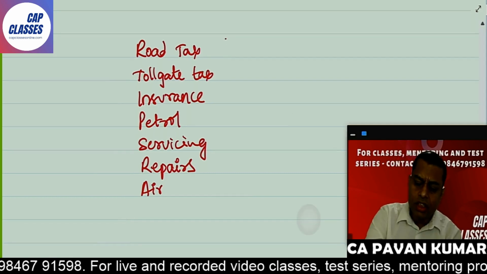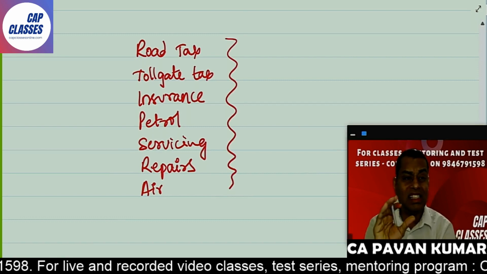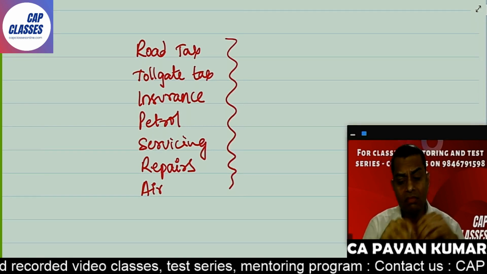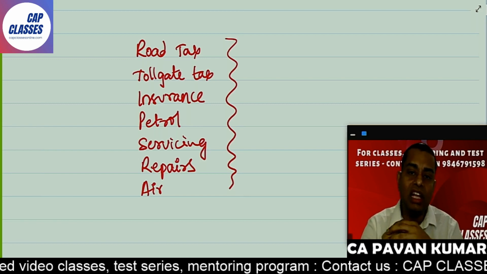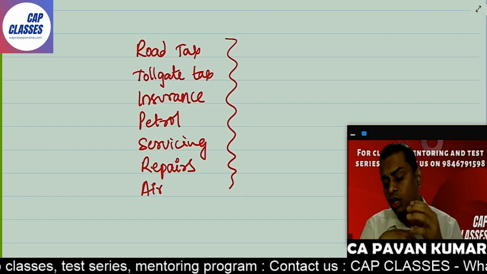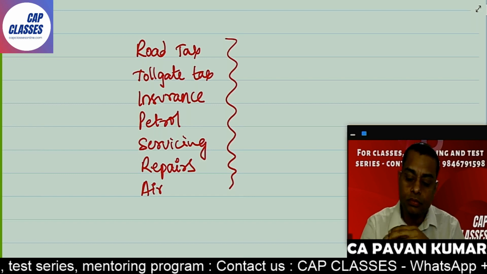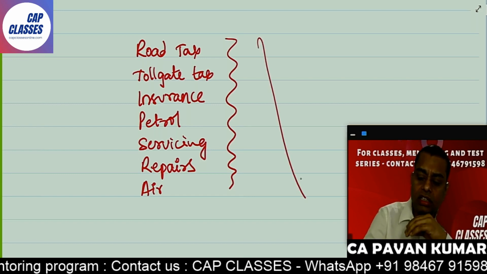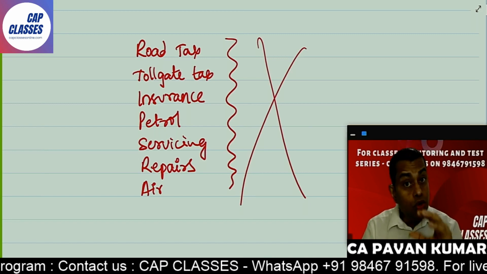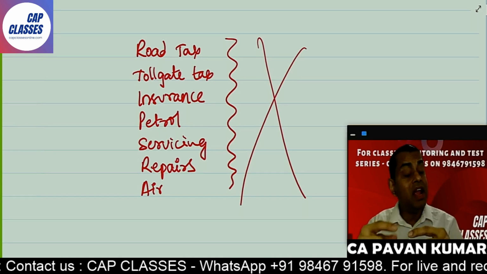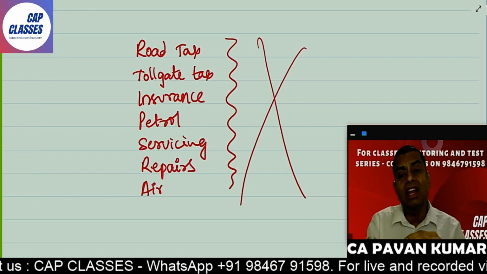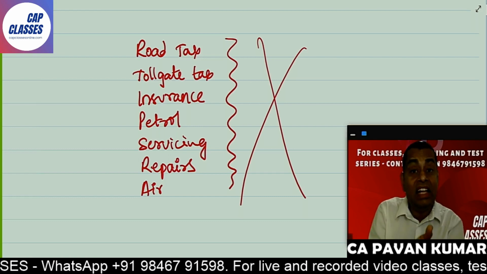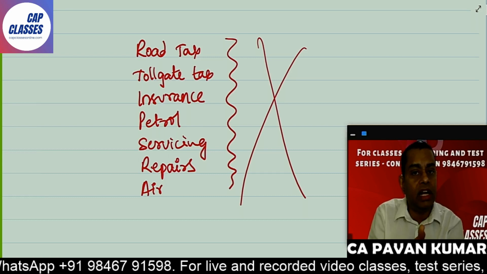So there are so many expenses associated with the asset. Do you think all these can be capitalized? The answer is no. But do you think there may be a situation where you have incurred some subsequent cost that enhances the future economic benefit of the asset?